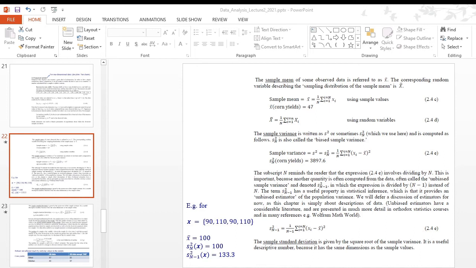We use Greek characters to describe population parameters. So these are parameters about which we might make an inference. So, for example, in the case of crop yields, small x to describe crop yield increase that we have measured, capital X to describe the next crop yield increase that we might measure, and we might use mu, Greek mu, to say, well, what is the, on average, in the whole world, what is the effectiveness of this treatment?